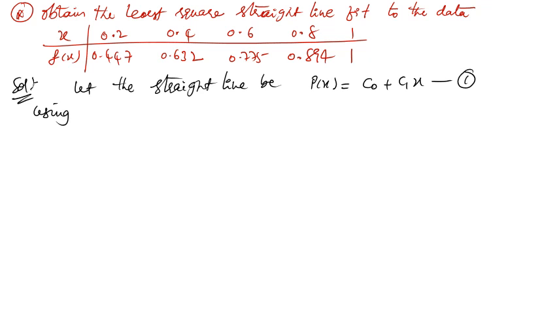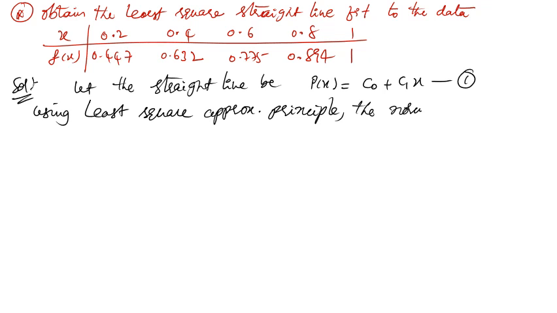Using the least square approximation principle, the normal equations for equation 1 are, okay, what are the functions? One can say f of x is approximated by p of x. This is the approximate symbol.